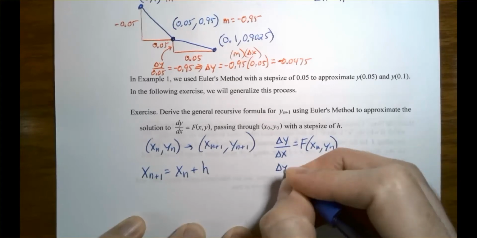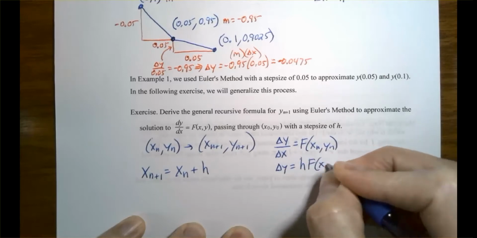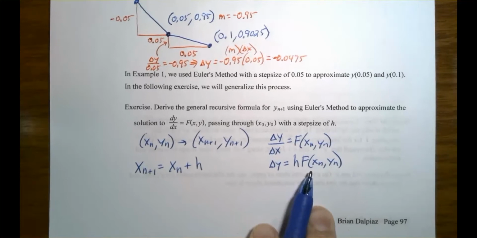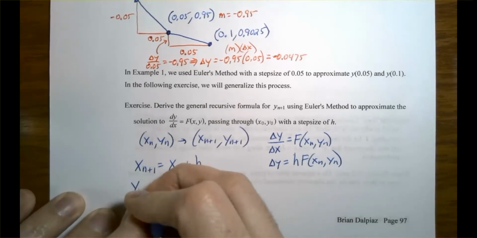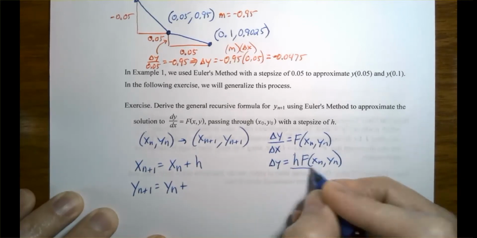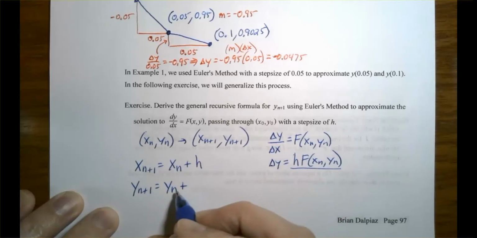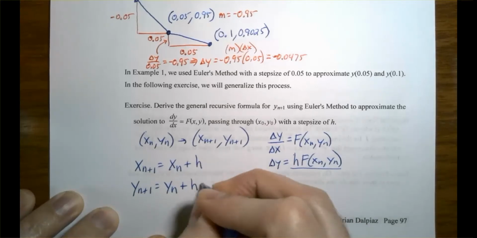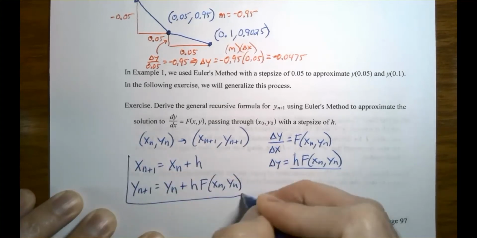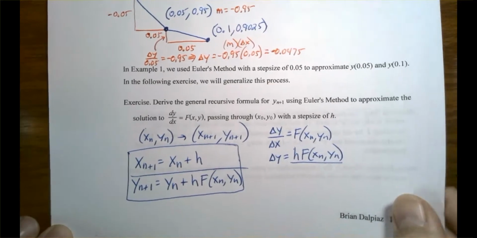That means your delta y is equal to h times f of x_n, y_n. So y is going to go up or down by whatever this number is. My new y value will be the old y value plus my change in y. This is your x_n plus your delta x. This is your y_n plus your delta y, and that's going to be h times f of x_n, y_n. So that's what generates the coordinates of the next point in your approximate solution.